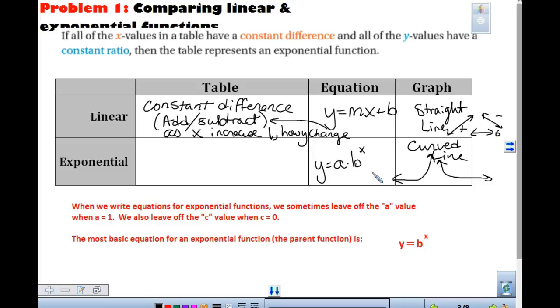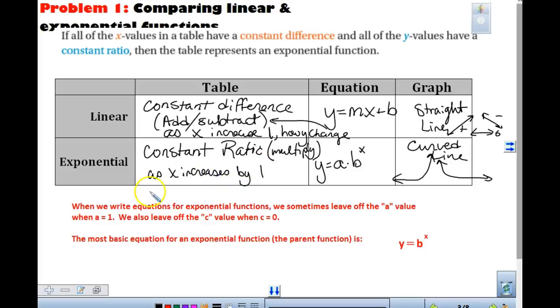And the key thing here is that you are going to have a constant ratio. A ratio means that you had to multiply usually. So as x increases by 1, you would probably be multiplying by the same number to get the next value.